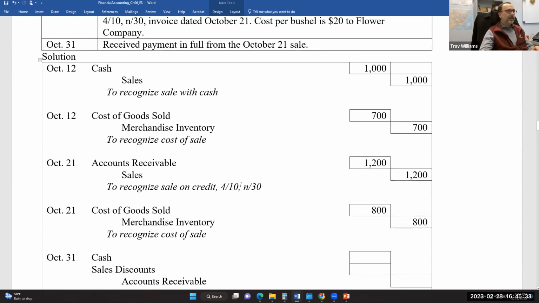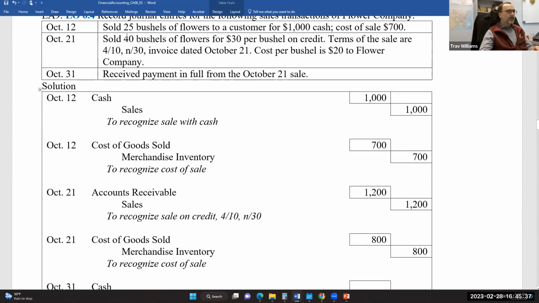Then our client pays for that sale. Now they had 10 days to pay, right, to get a 4% discount. And they did pay within 10 days. Okay, so how much do they owe? Well, originally, it's $1,200, right?